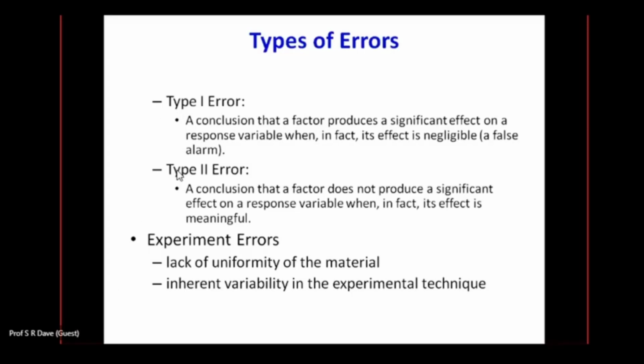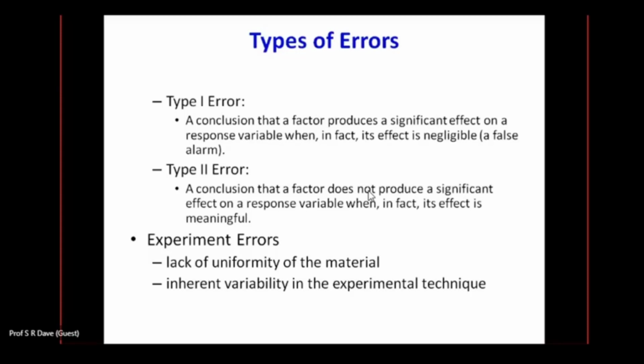These types of error play a very crucial role, and we need to balance them, because if you are more and more strict to minimize type 1 error, you are increasing type 2 error, and vice versa. If you give liberty to type 1 error, then type 2 error will be reduced.